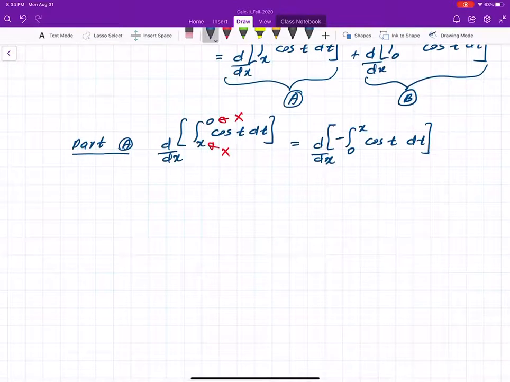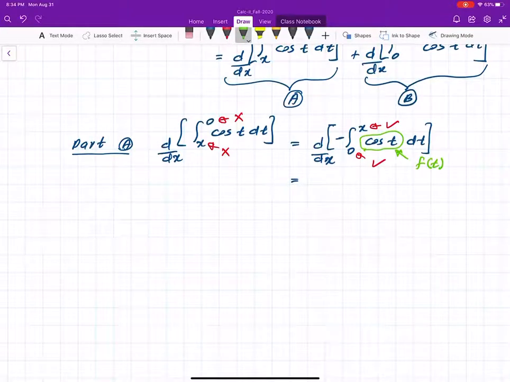Now you can check the limits. 0 is a constant, okay. x is just x, okay. So that's fine. Then you can directly use the fundamental theorem of calculus. This cos t is the function f(t).